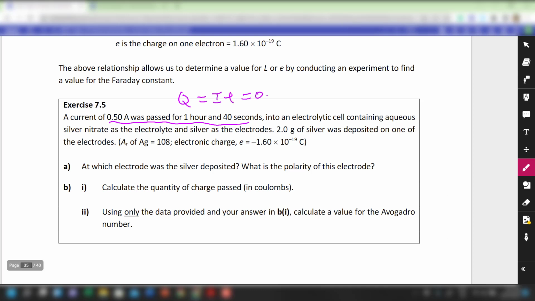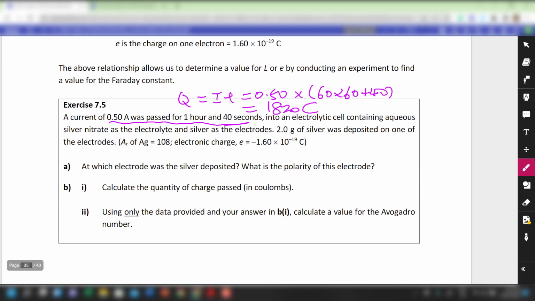The current is 0.50, and I will multiply it by time. The time is 60 times 60 plus 40, because 1 hour is 60 minutes and each minute is 60 seconds, and there's an additional 40 seconds. I take the calculator and punch, and I should get 1820 coulombs.